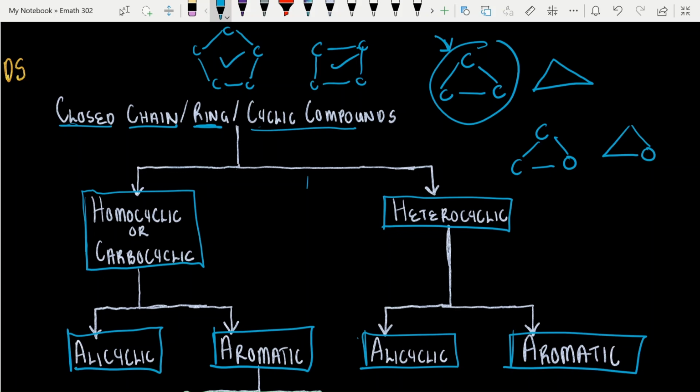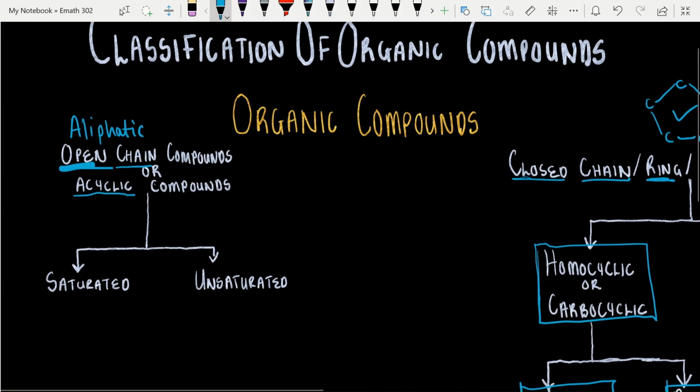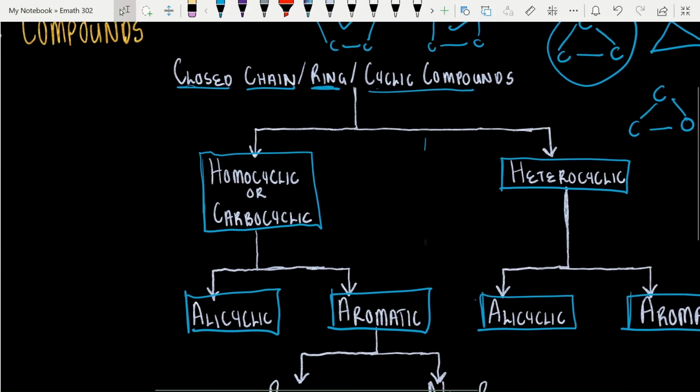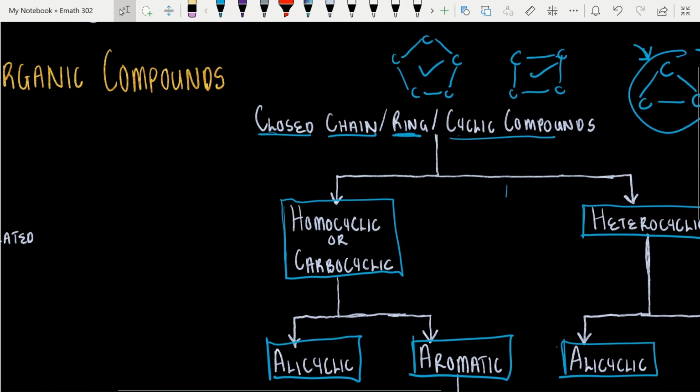It is heterocyclic. Now that heterocyclic, we're going to split into aromatic and alicyclic. We talked about acyclic; don't confuse acyclic with alicyclic. Alicyclic is what things that are not aromatic are. So either you are aromatic or you are alicyclic.